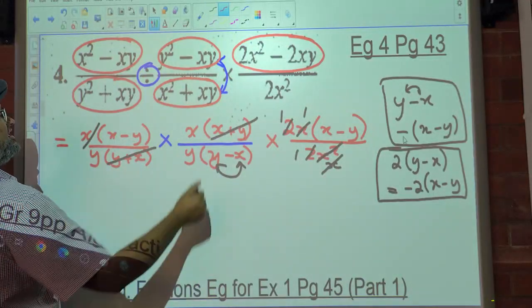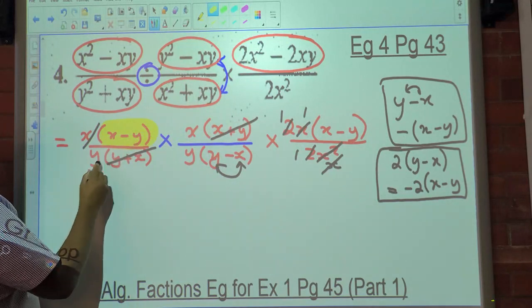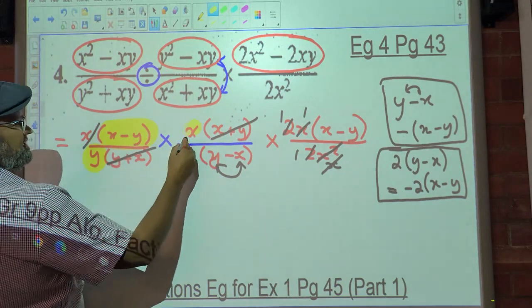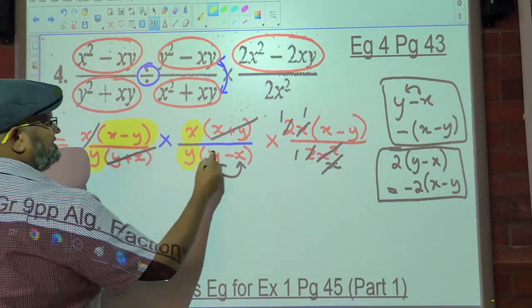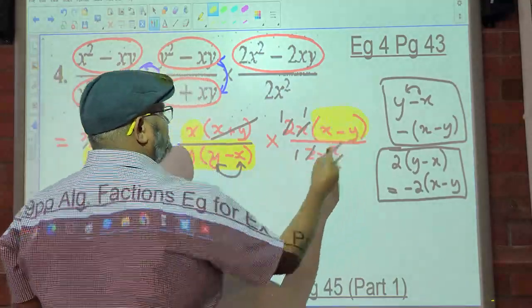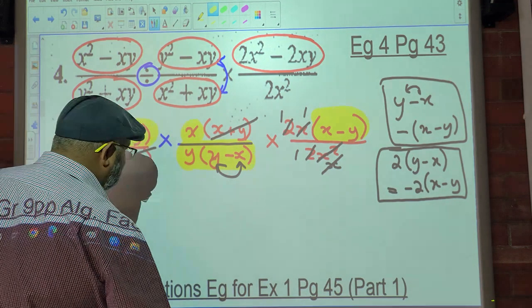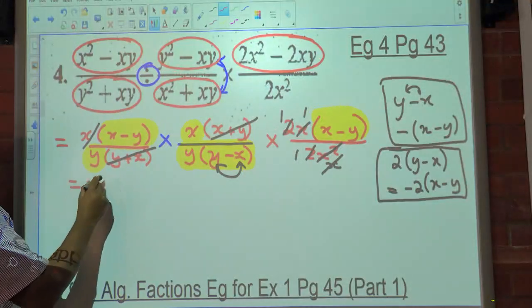Okay, so let's see quickly, let's highlight what we have left. We got x minus y, y, x, y and this story here. You see that, people? So I'm not going to multiply anything out yet.